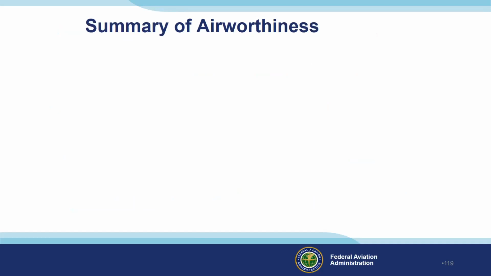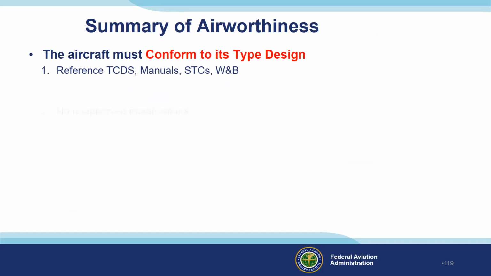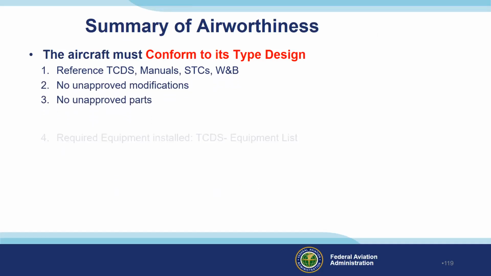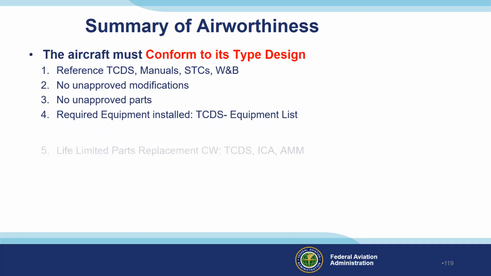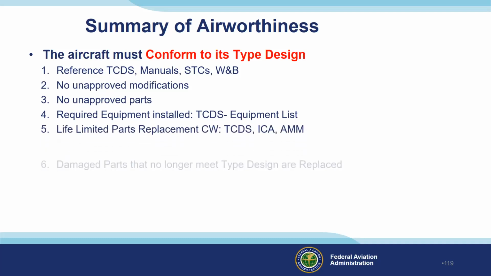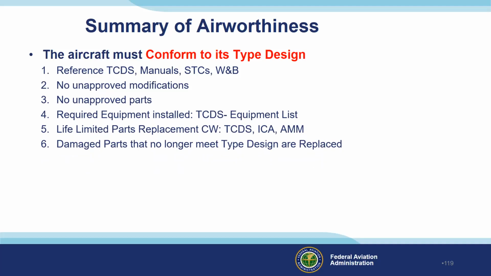Let's summarize what we talked about airworthiness. An aircraft must conform to its type design. You're going to want to reference the type certificate data sheet, the manuals, STCs, if there are any, and the weight and balance information. Make sure there's no unapproved modifications, no unapproved parts.